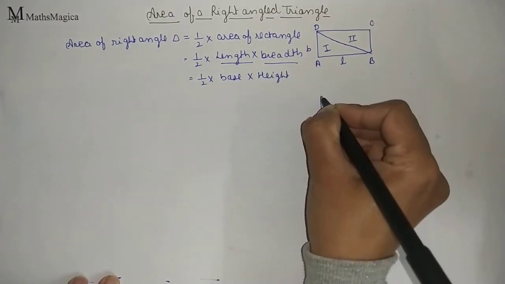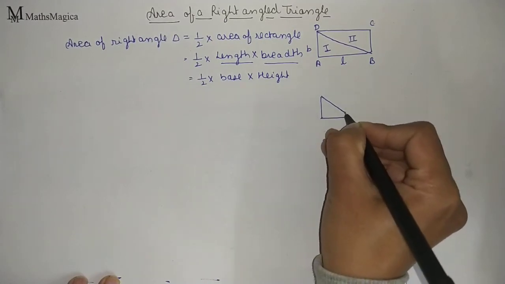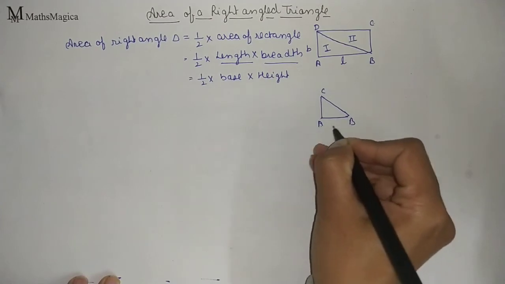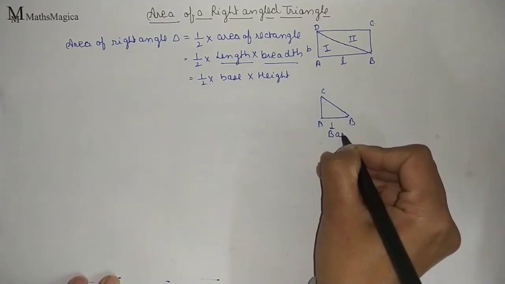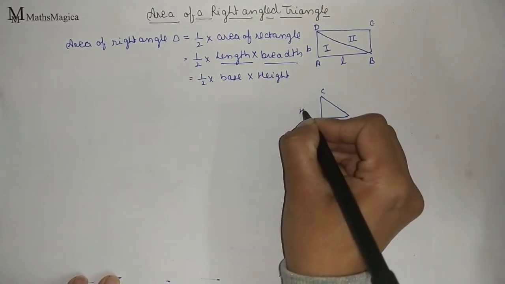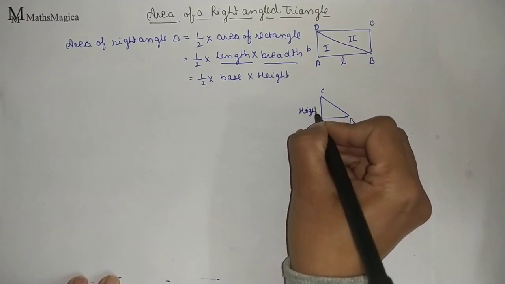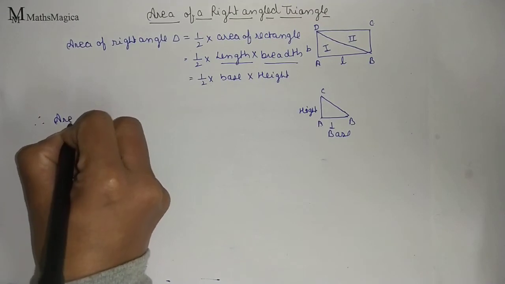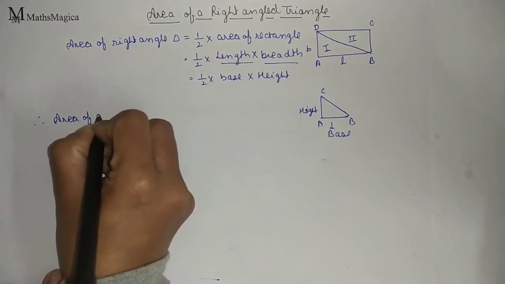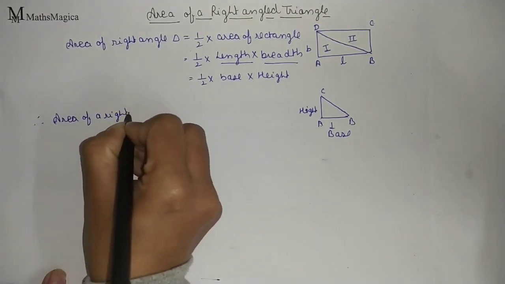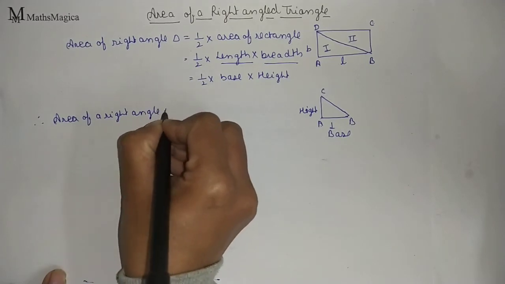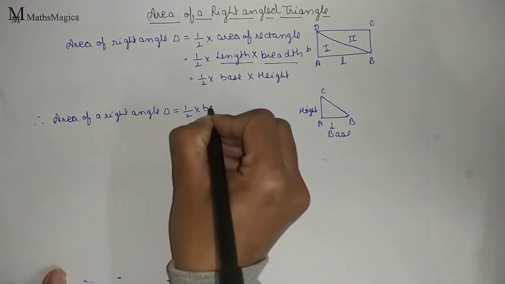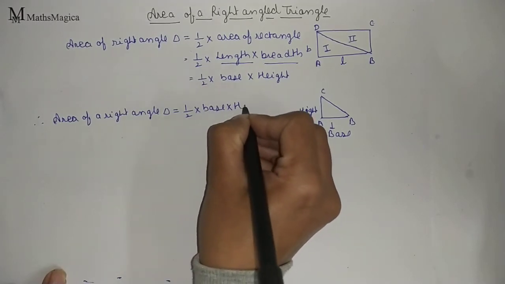This is a right angle triangle. A, B, C. AB is base. AC is height. Therefore, the formula of area of a right angle triangle is equal to half into base into height.